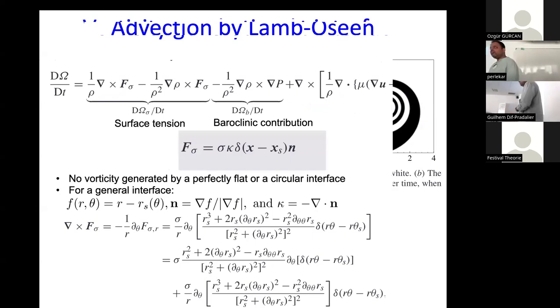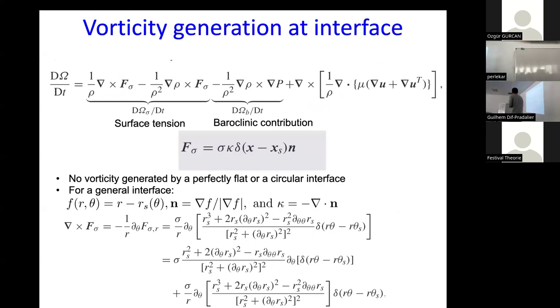What you can then do is take your Navier-Stokes equation and take a curl of it. If you take the curl of the Navier-Stokes equation, there is one term missing, which is the vortex stretching.